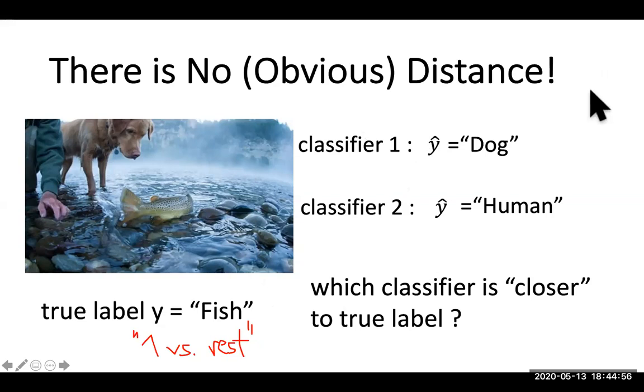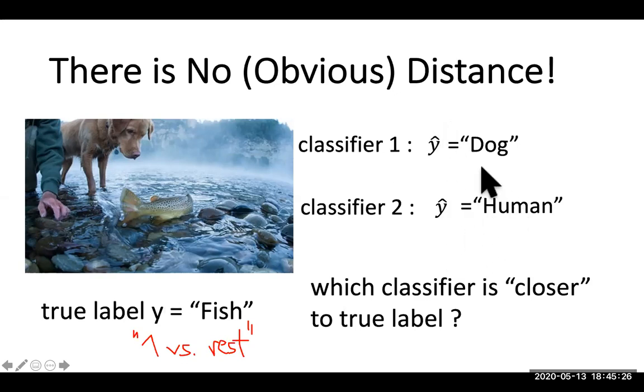Instead of classifying into fish, dog, or human, you first classify, is the picture showing a fish or something else, like dog or human? Then you do another binary classification problem, which tests, is the picture showing a dog or something else, like fish or human? Then you do a third binary classification problem that tests, does the image show a human or something else?